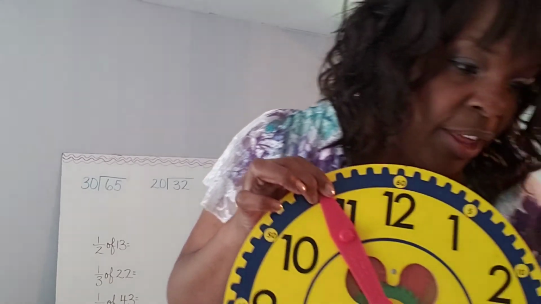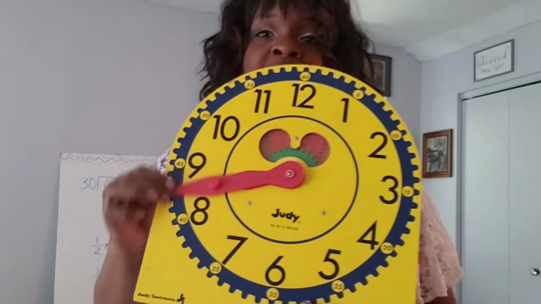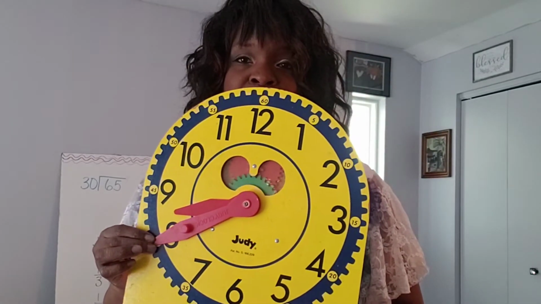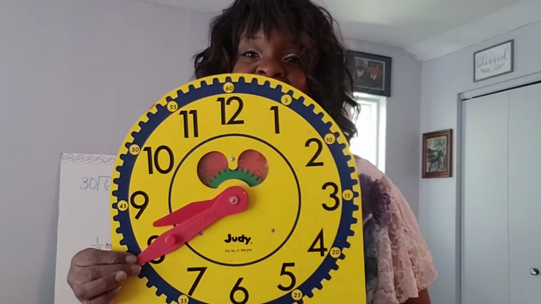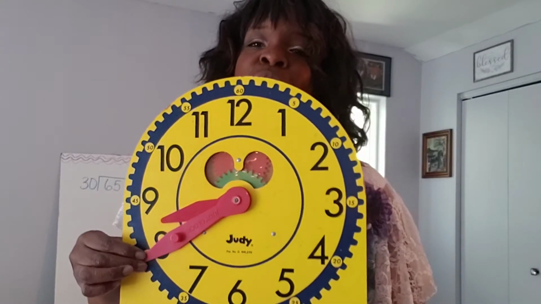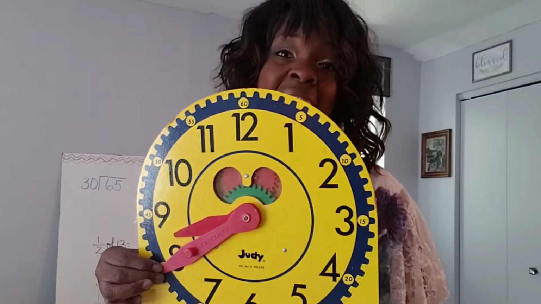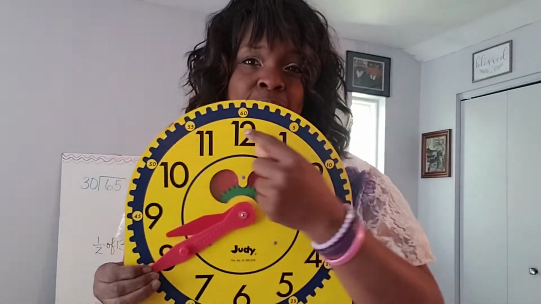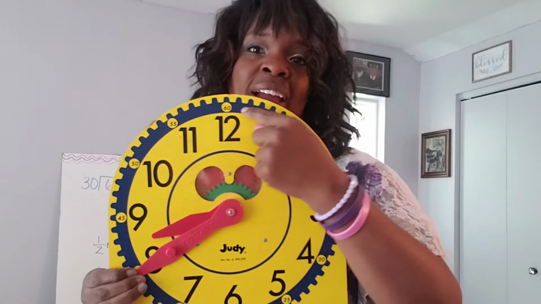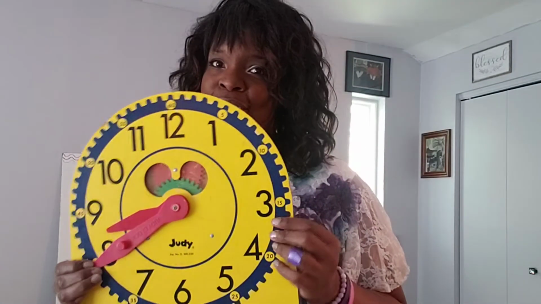What would 30 minutes after 8:40 be? If it's 8:40, what would 30 minutes be? So you can add it, but then you have to understand after you add it, you have to think of how many minutes are in our hour and then add from there to figure out.